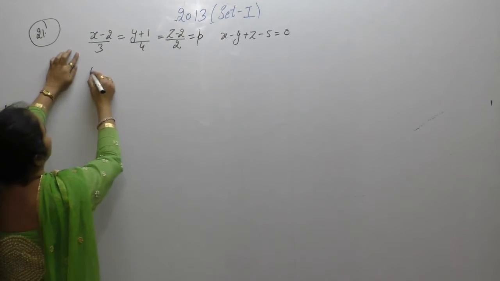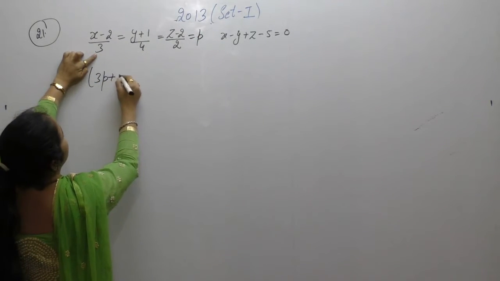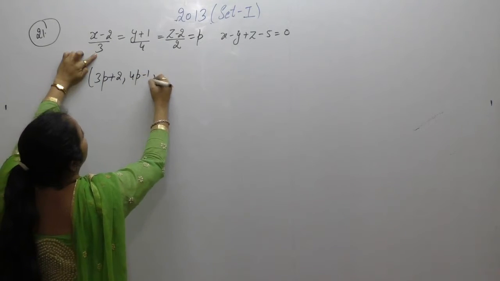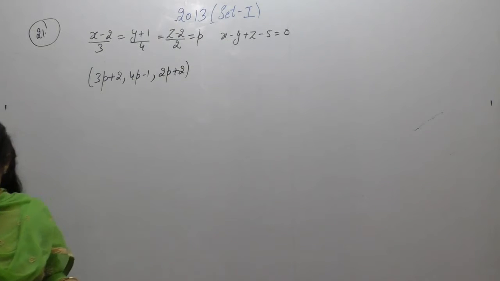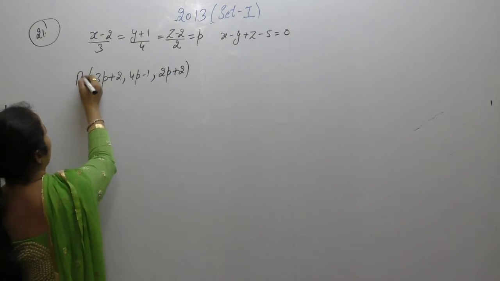Equal to p, then coordinates are x is 3p plus 2, y is 4p minus 1 and z is 2p plus 2. Now let this point be A.